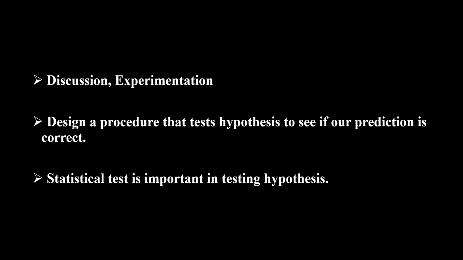So the selected hypothesis becomes subjected to further statistical test. It gives accurate result. So statistical test is important in testing hypothesis and selecting most suitable one. The example clearly shows that.